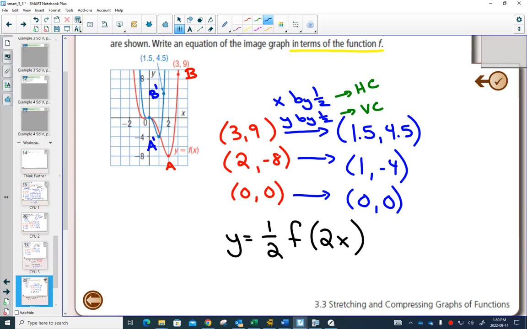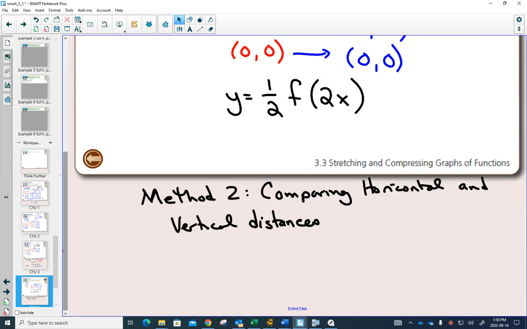So now that we have that, the second method is a way of finding out the stretches and compressions by comparing vertical distances and horizontal distances. So we'll start off with the horizontal distances.